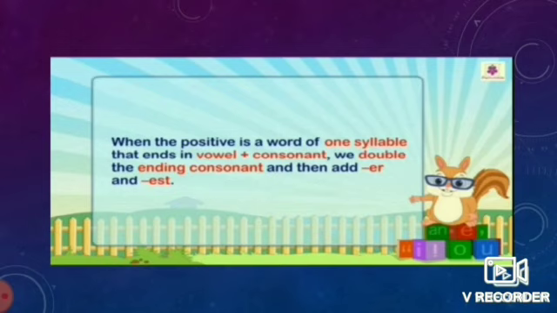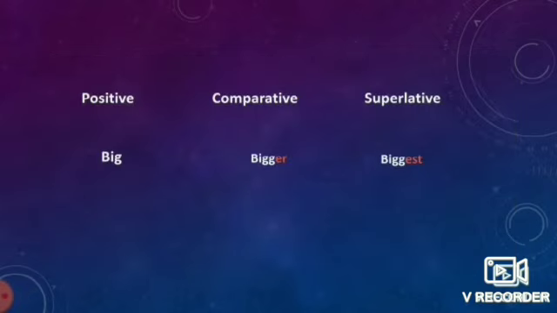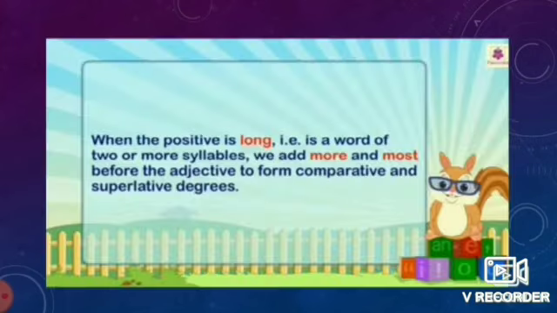When the positive is a word of 1 syllable that ends in vowel plus consonant, we double the ending consonant and then add ER and EST. For example, big, bigger, biggest. Okay, students?